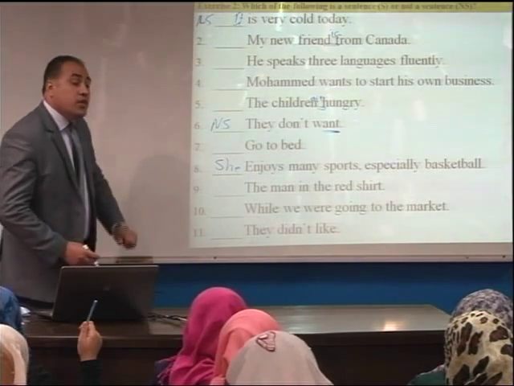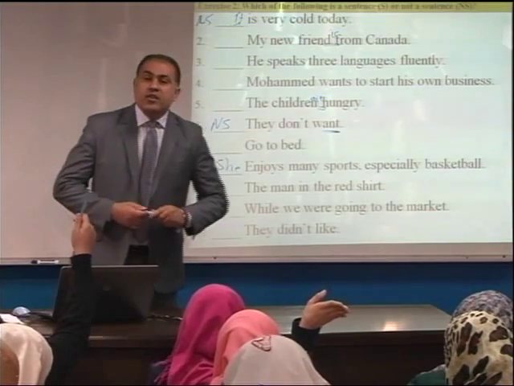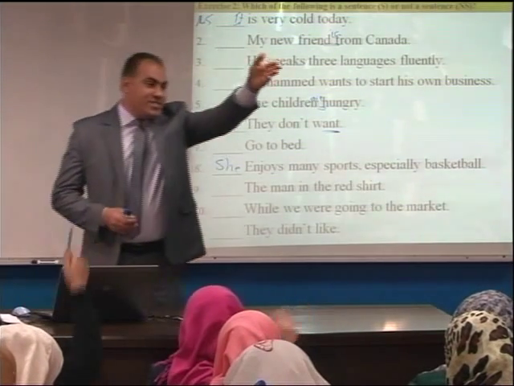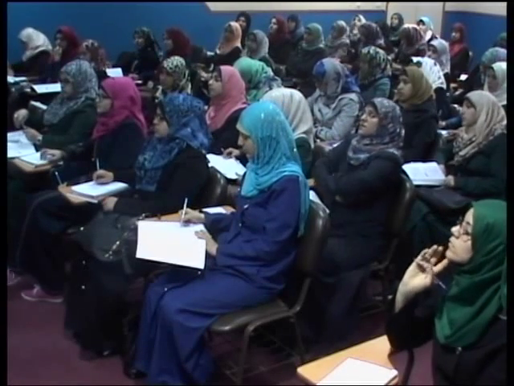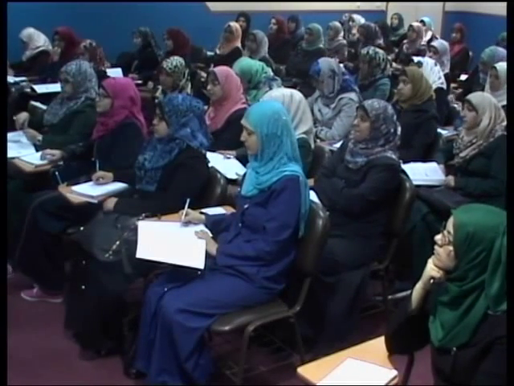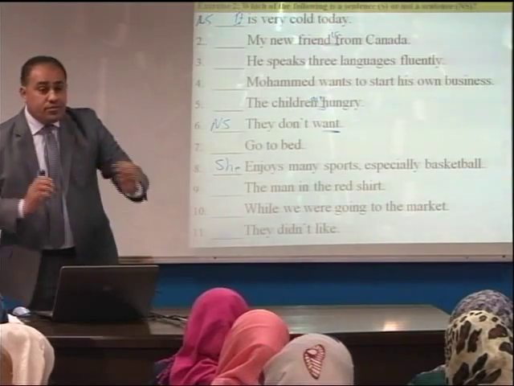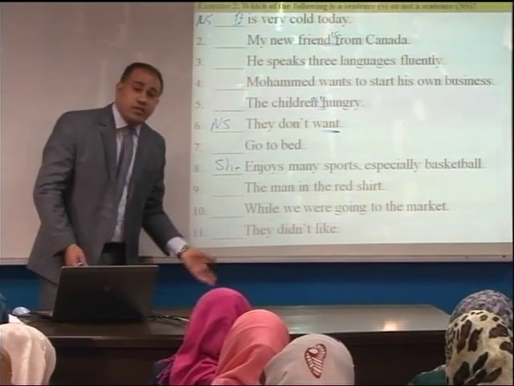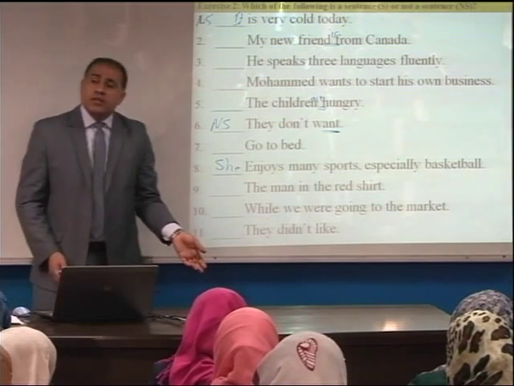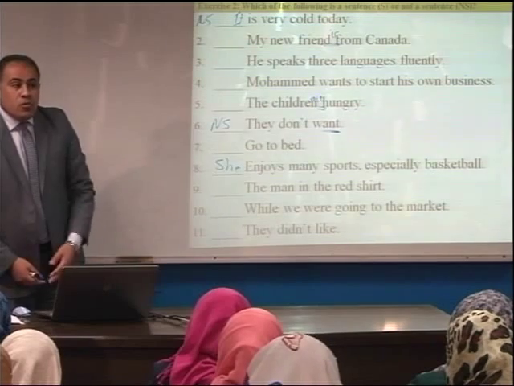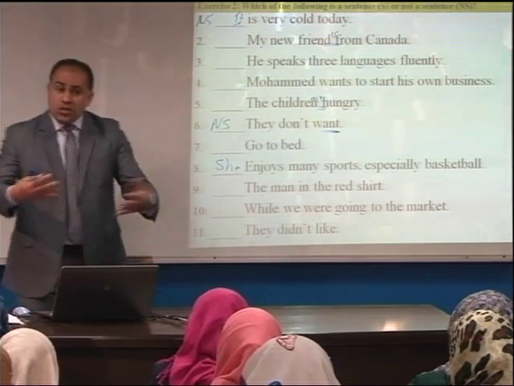Very nice. The man in the red shirt. Yes, please. It is not a sentence because, again, the subject-verb relationship is not there. There is no subject and there is no verb. How can we fix it? We have to put a verb, or we can complete the sentence.